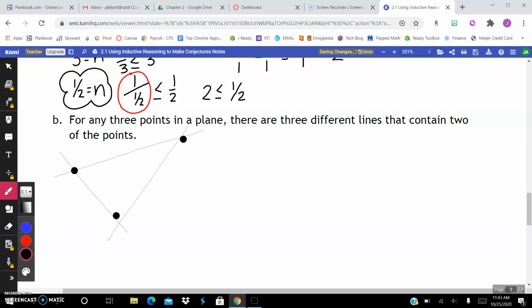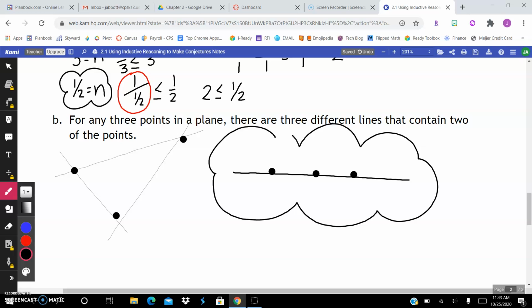So there are 3 different lines there. But what if we put these dots all on the same line? Are there 3 different lines that contain 2 of those points? Nope, there's only 1 line. So that would be my counterexample, showing that there are not 3 different lines, there's only 1 line.